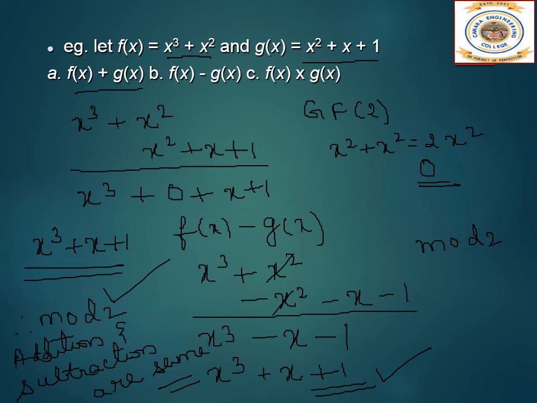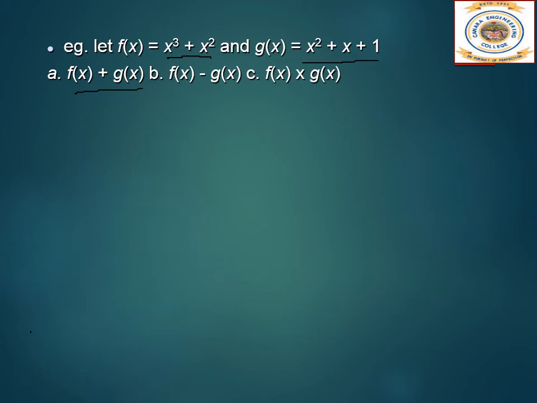Addition and subtraction in mod 2 are the same. So instead of subtracting, you simply add. That itself is the result. So for addition and subtraction, we got the result as x cube plus x plus 1. Both the results are the same.